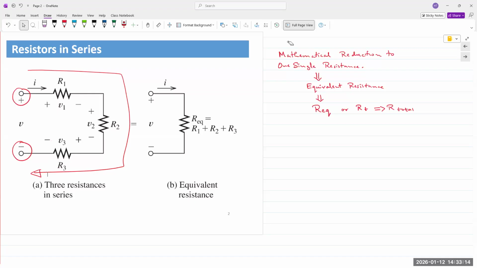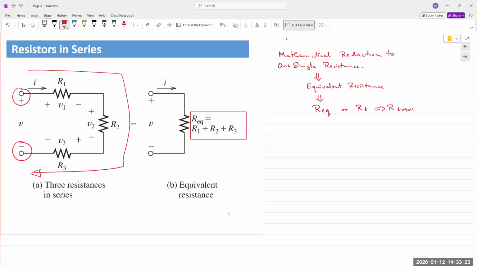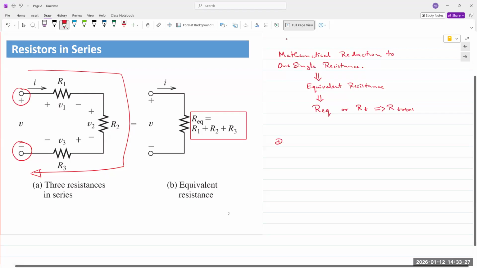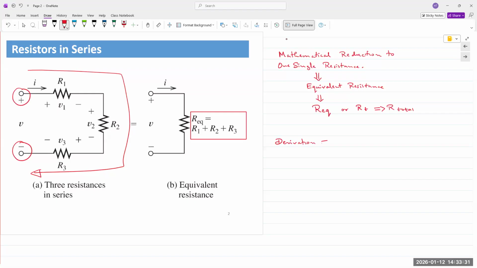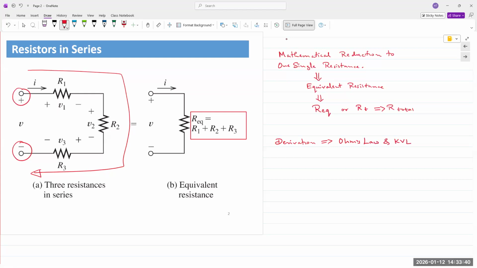Current I is common, you take it out, and what you're left with is REQ equals the sum of the three resistors. I won't do the complete derivation, but the derivation comes from Ohm's law and KVL. Okay, yes.